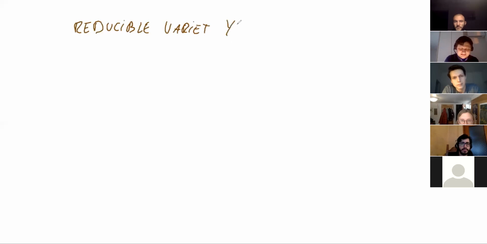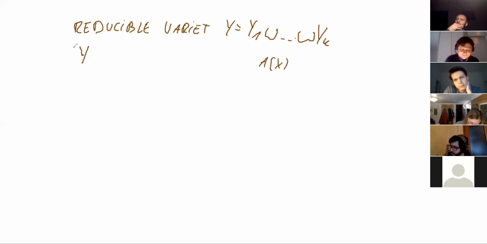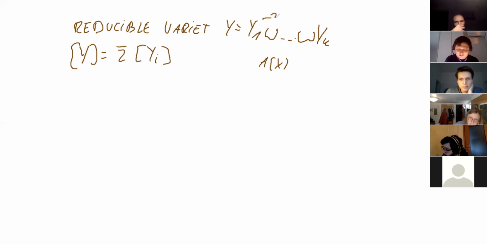If we have a reducible variety, let's say Y, which is a union of Y1 through YK, we will write that Y in A(X), the class, is the sum of the Yi's. Okay, so these are irreducible components.